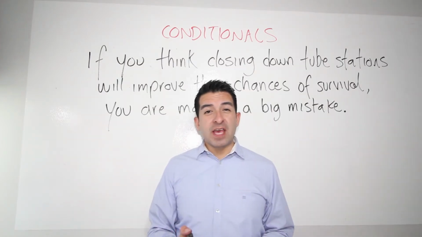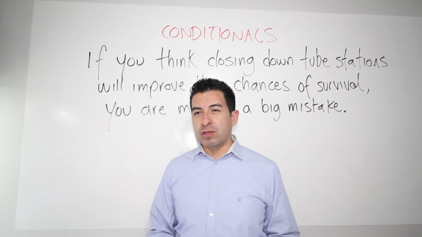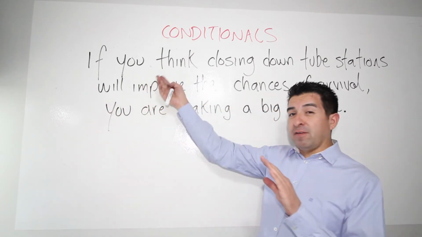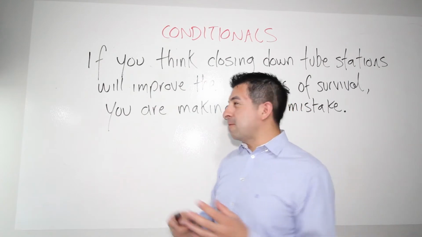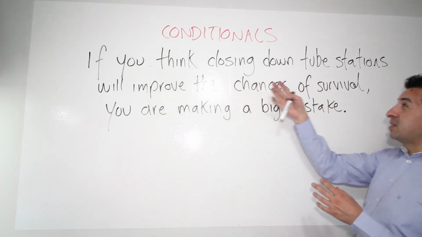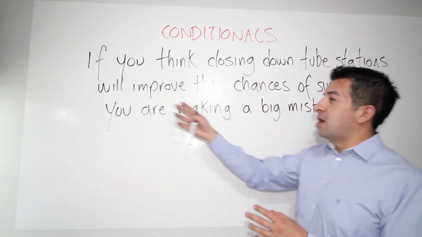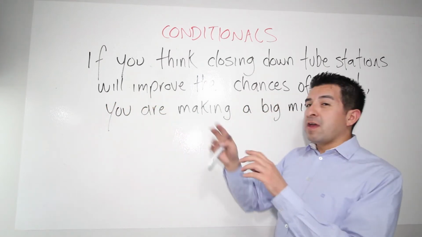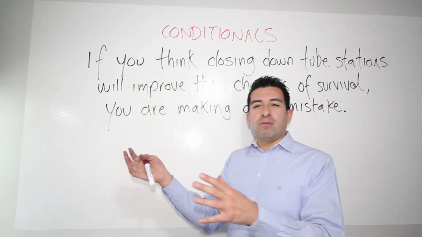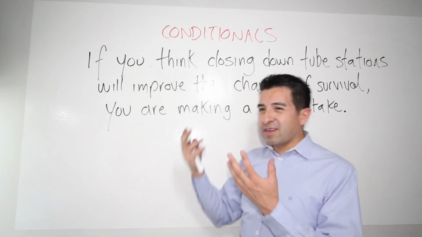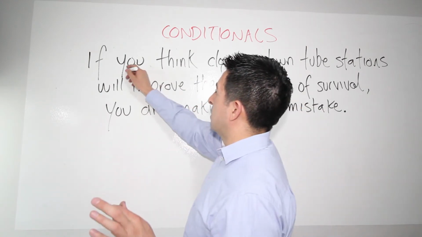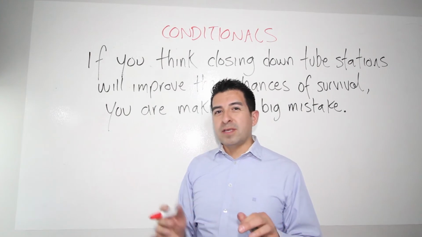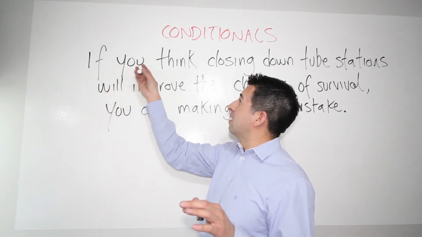This is another example of real conditional, in which in the first part, if you think, present simple, if you think closing down tube stations will improve, what? Will and think, the same? Okay, don't get confused. The important grammar is this one.